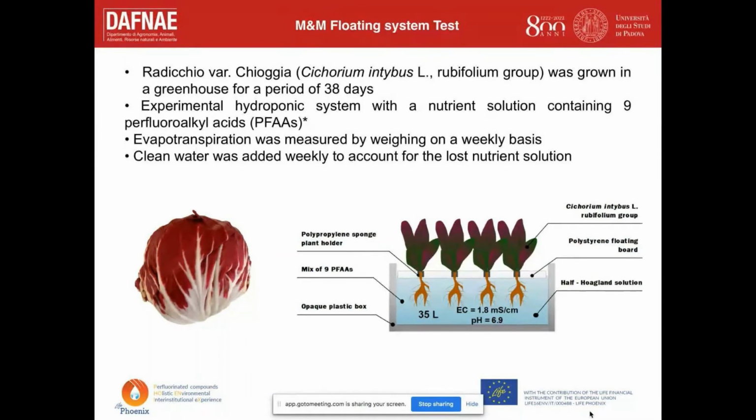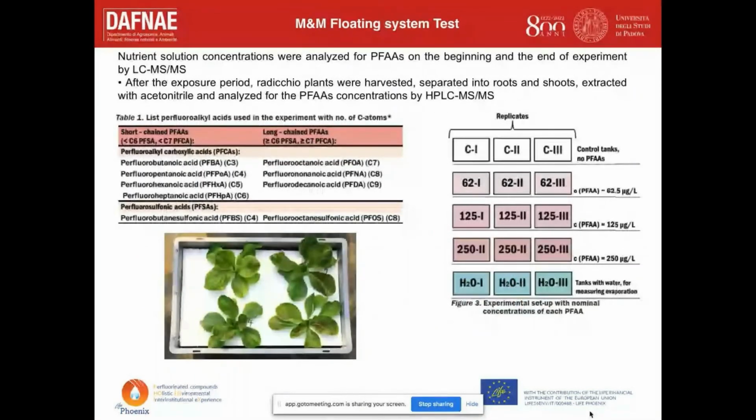Clean water was added weekly to account for the lost nutrient solution. The nutrient solution was analyzed for PFAS concentration at the beginning and, obviously, at the end of the experiment, thanks to our partner ARPAV for the water, and afterwards for the soil analysis.